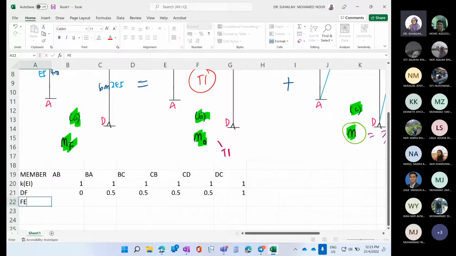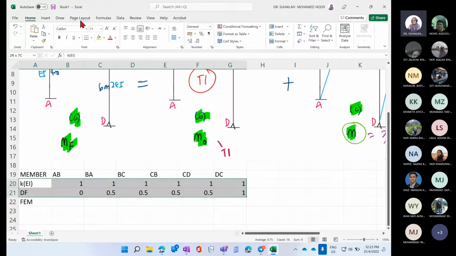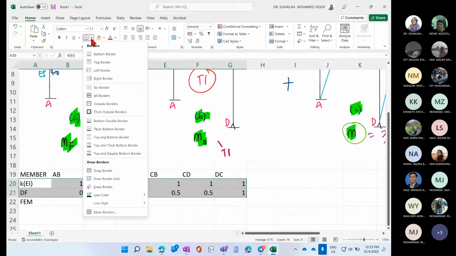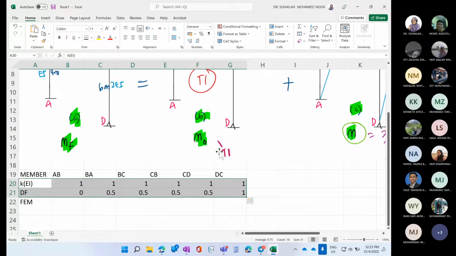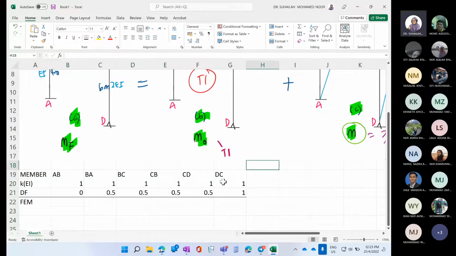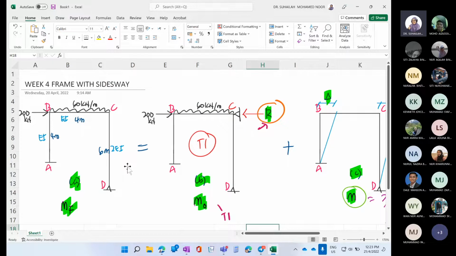Now move to FEM. This is table number 1. FEM due to external loading. So we have W is 60, L is 4, so WL square over 12.